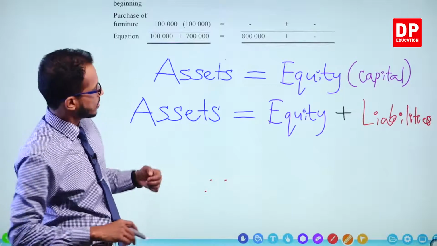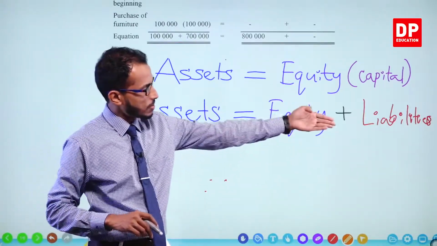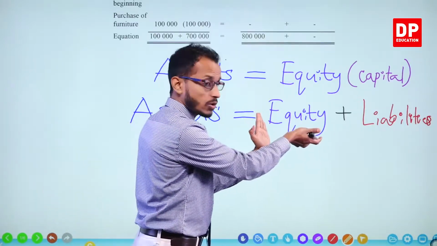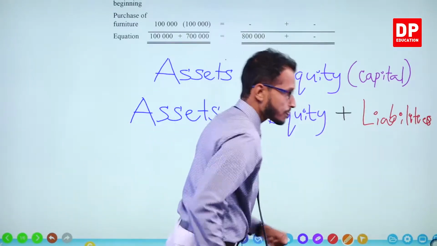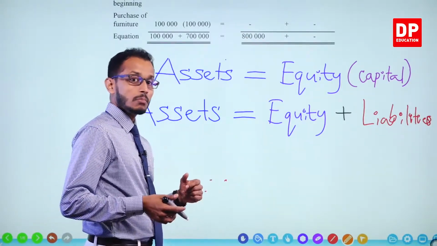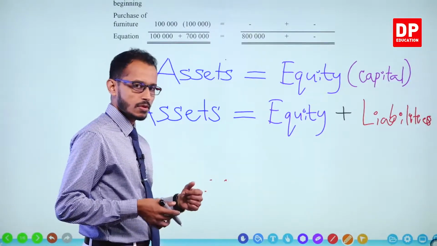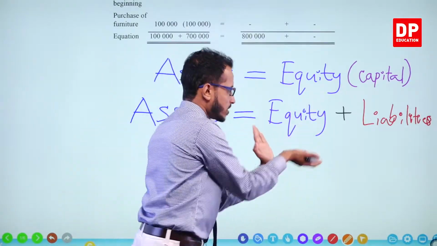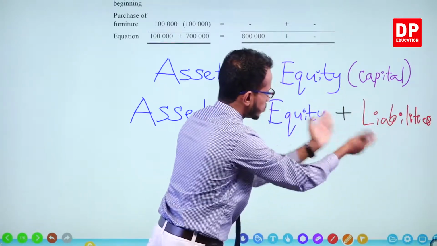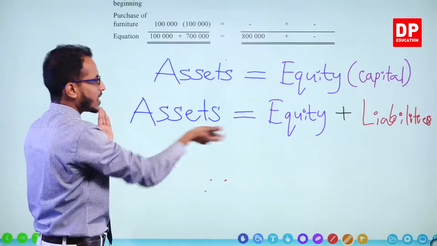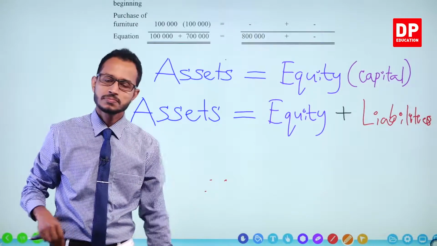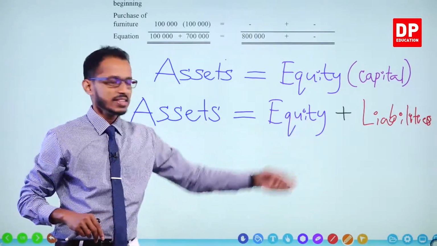Assets become equal to equity and liabilities because all the assets in the business are either invested by the owner or invested by external parties as borrowings. When the owner's resources and the resources invested by external parties get together, they form the total assets of the business.